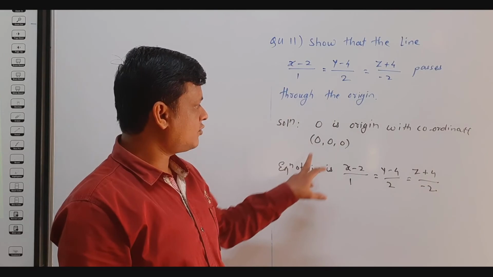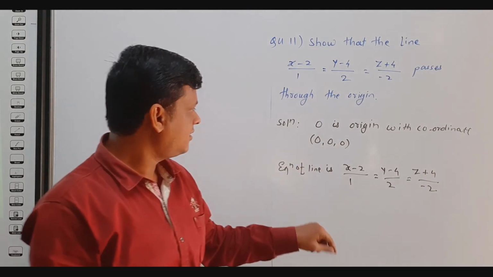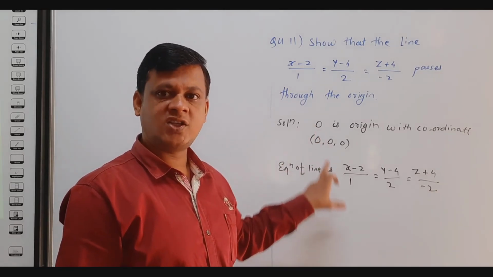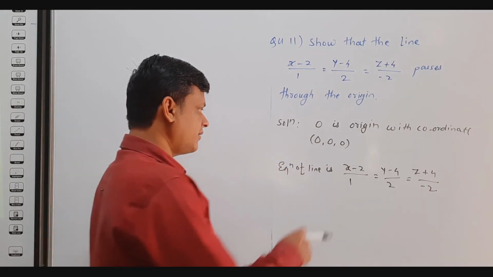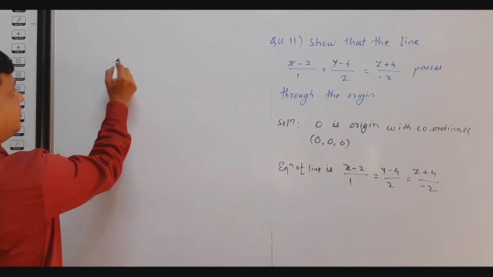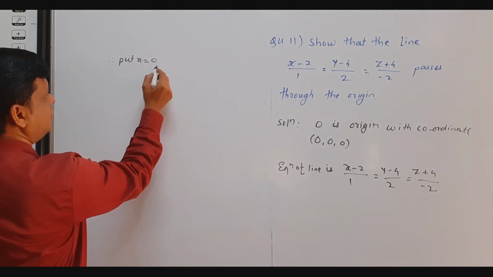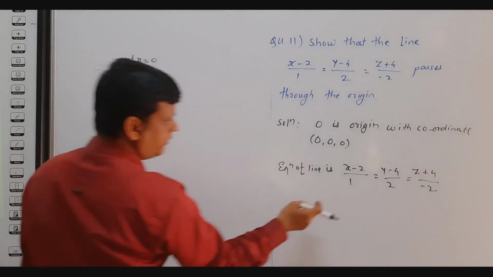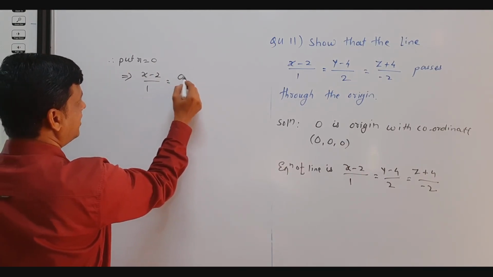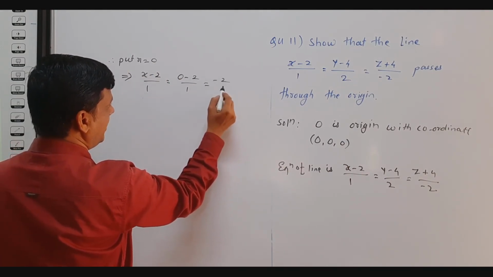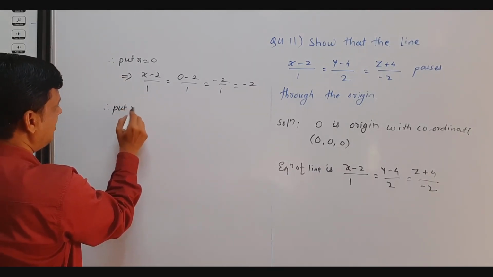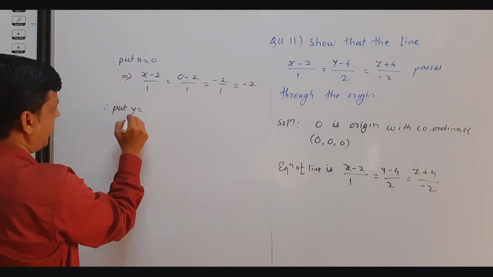If this line passes through the origin, that means the point O satisfies this equation. So we substitute x equal to 0. When we put x equals 0 in x minus 2 upon 1, we get 0 minus 2 upon 1, which equals minus 2. Next put y equals 0.